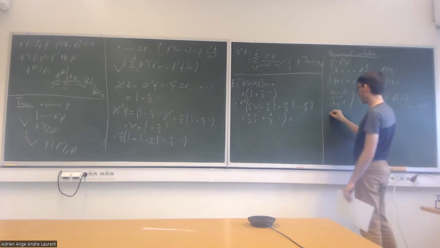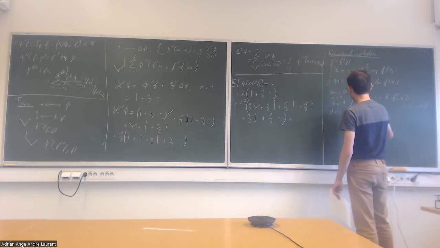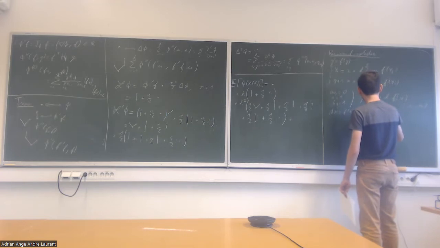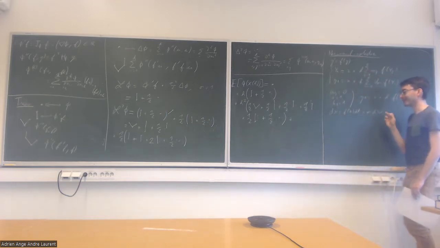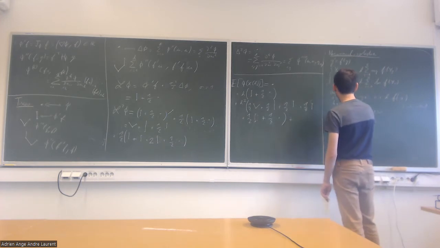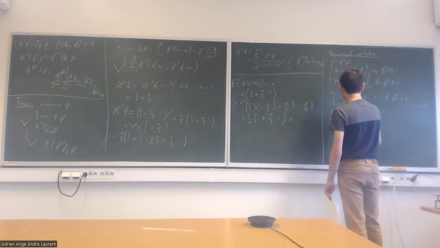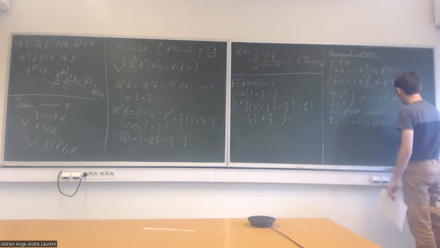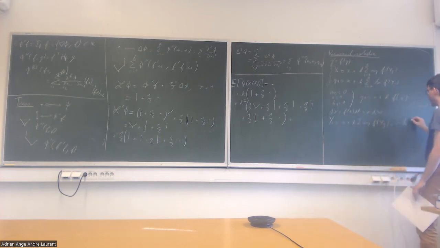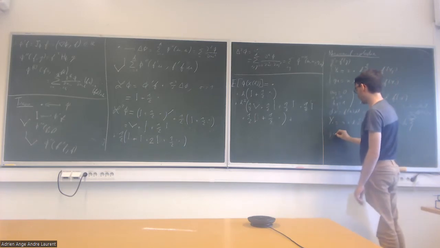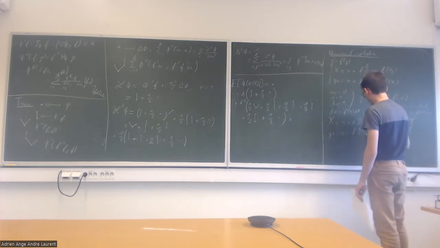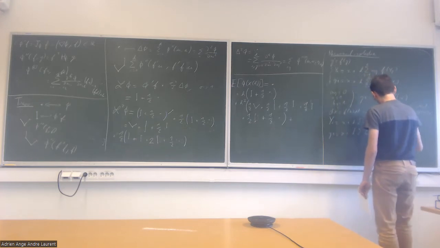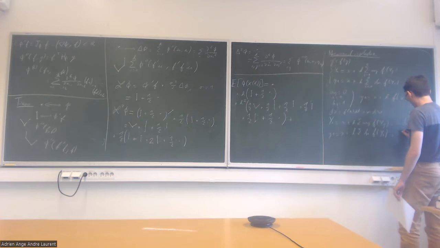For SDEs, we do the same. We have dX equals f of x dt plus sigma dW. Again, this is just additive noise. I will talk a bit about the multiplicative noise later. And what we do is we say yi is equal to x plus h sum of aij f of yj plus sigma times a random variable.